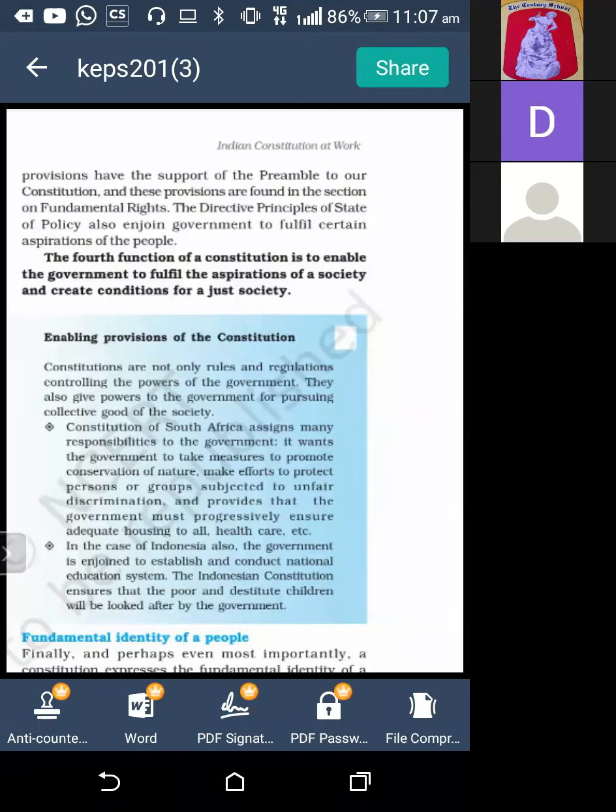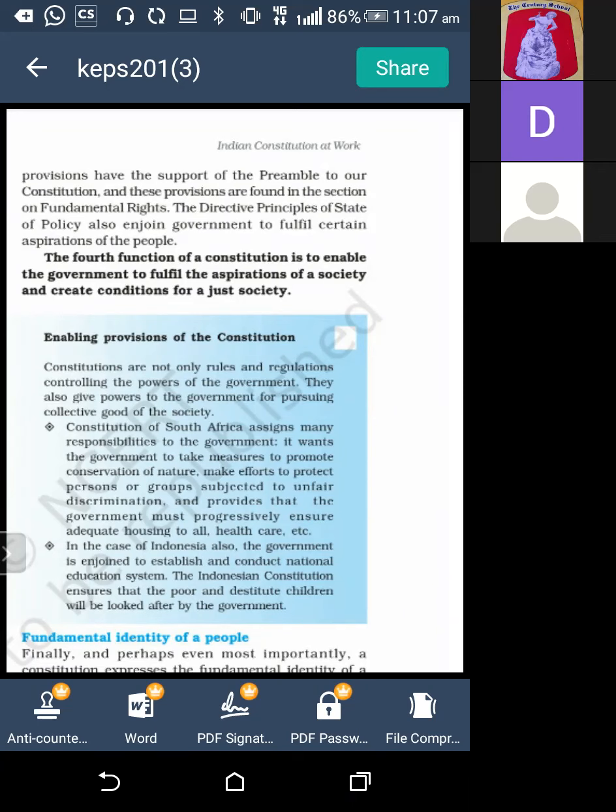Suppose you want a good hospital, it is acceptable that one should have good hospitals, good schools, good communication, good roads and other transport facilities.